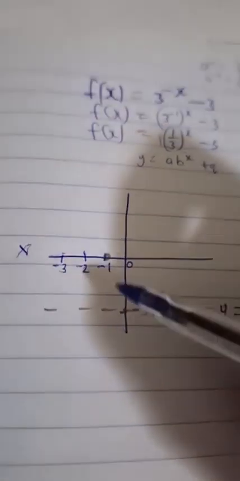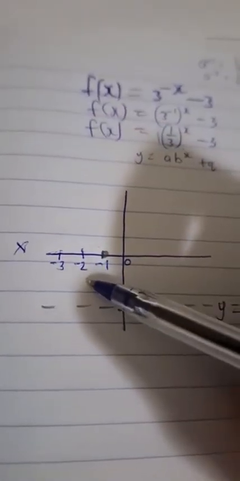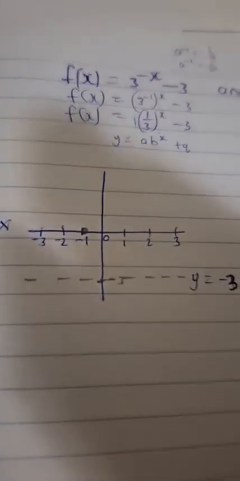So let me just say negative 1, negative 2, negative 3, just so that we can reveal some values of x. Okay, then let's reveal some x values that are positive on this side. We have 1, we have 2, we have 3. All right, and we can represent a whole lot more.